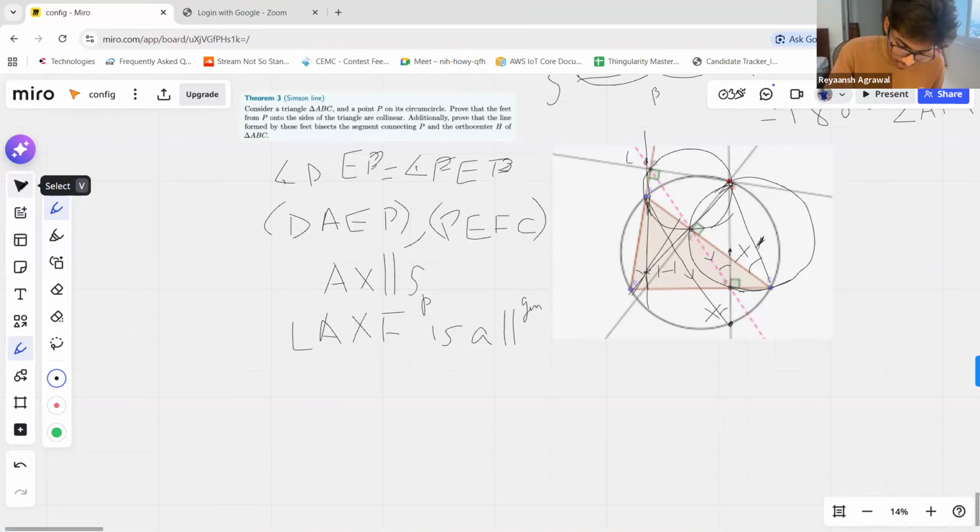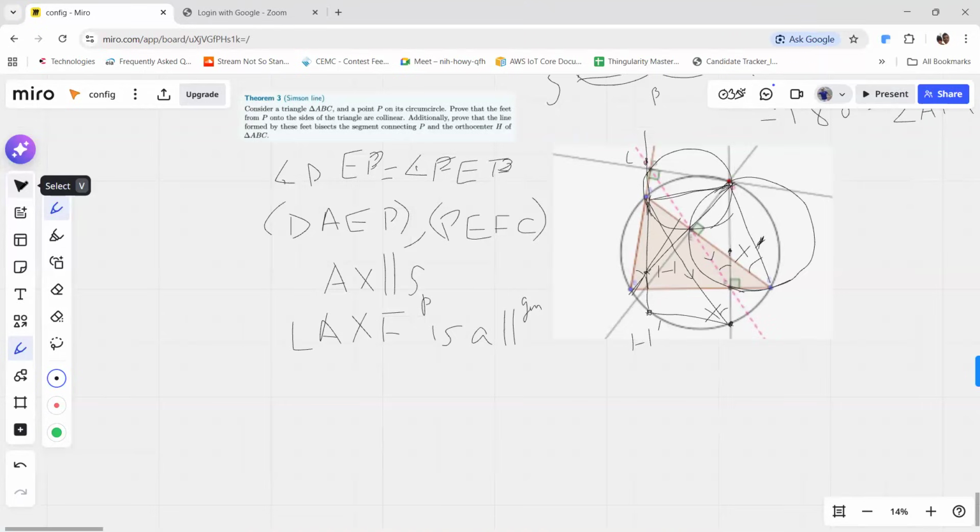Okay. To help you with this, I'm going to draw in the reflection of H about BC. So can you say anything about quadrilateral APXH prime?